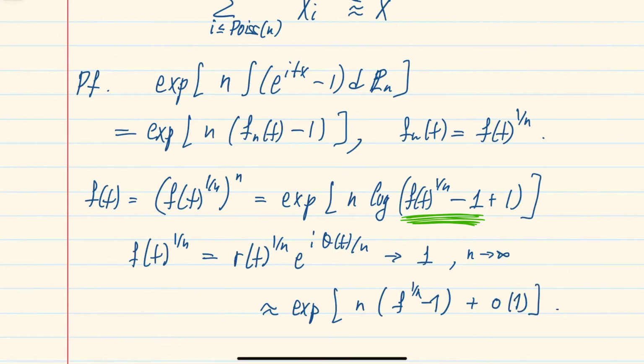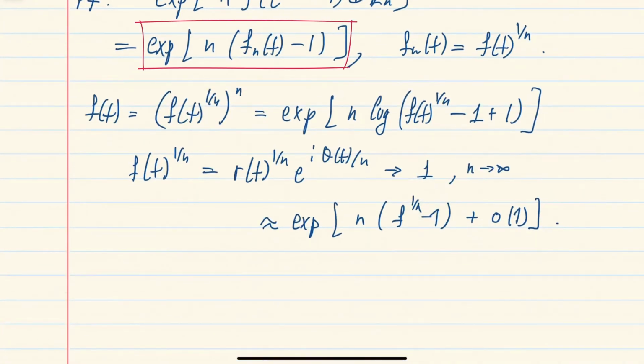And then you notice that the first term here is exactly what we have above. Right? So this nth root of f is just fn of t, and then you have something e to the little o of 1, which goes to 1. And this exponential here corresponds to that exponential of a compound Poisson distribution that we considered above.